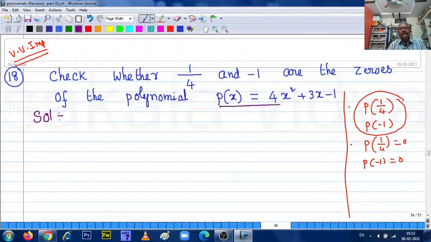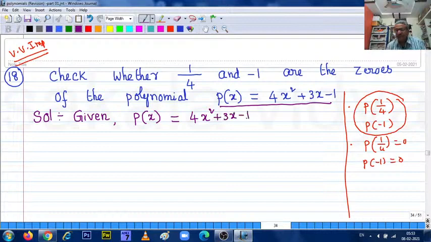So, this is the given polynomial. Given P of x equals to 4x square plus 3x minus 1. So now let us find out P of 1 by 4.